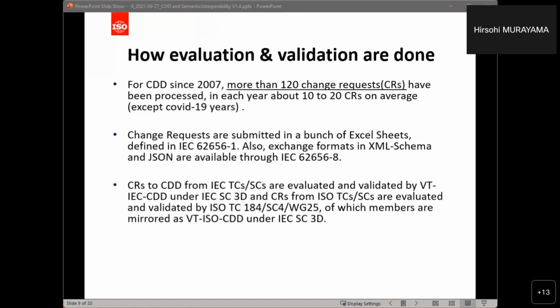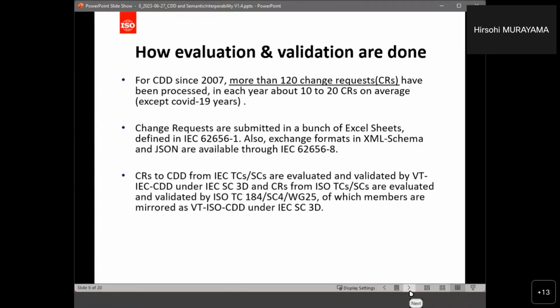And in the case of ISO, it is ISO TC184/SC4/WG25, which is mirrored in IEC as a VT ISO CDD under IEC. There is an effort to use the IEC-maintained database by the ISO committees. That is a mechanism that is currently being invented. Okay, next slide, please.